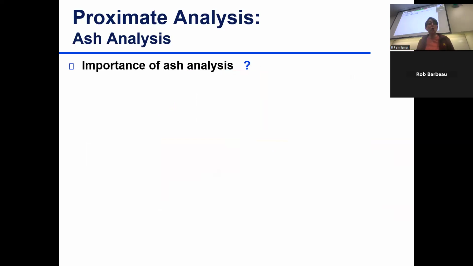Okay, so what's the importance of ash analysis? Why do we care about ash in food analysis? Yes, we need the ash and the moisture to calculate carbohydrate by difference. What else?